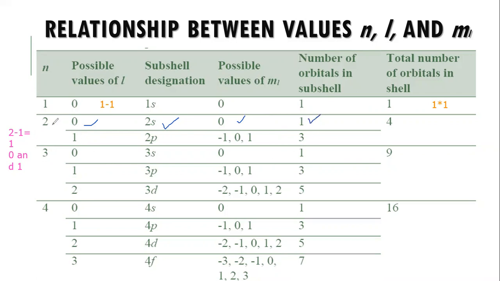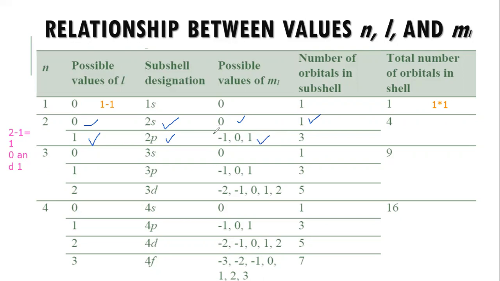And if l is 1, you have to write the m value. The 1 means it's p, therefore we write 2p. The p subshell will have minus 1, 0, to the positive l value, so you end up with minus 1, 0, plus 1.